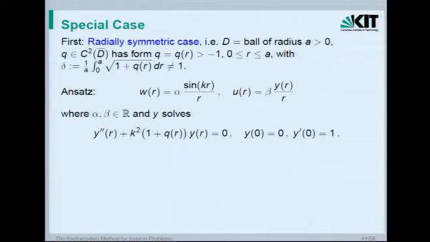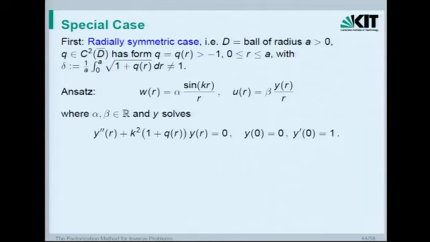By a standard transformation of Liouville type, you get an ordinary differential equation now, for y, and w satisfies the ordinary Helmholtz equation, so it has to be some Bessel function as a solution.